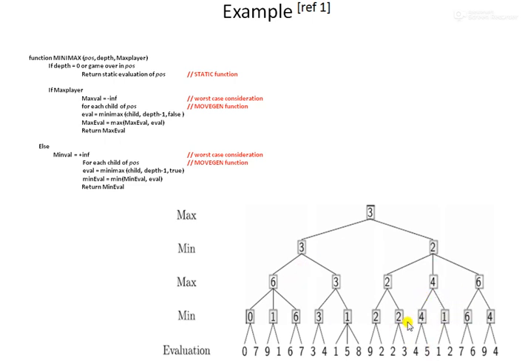So this procedure will be continued until the value is backed up to this particular position. So finally the max value will be 3. So max may go in this direction, so if max is going to pick up this side, there is a possibility of winning that particular game, or in this tree that can be considered.